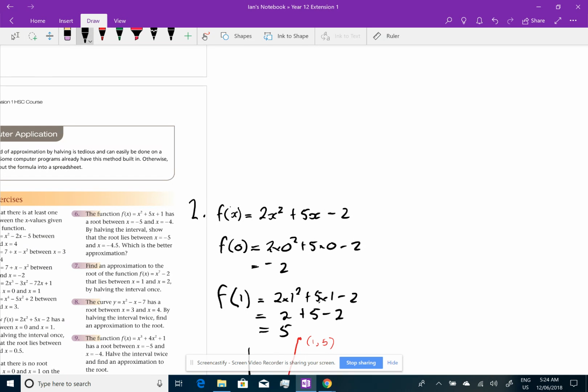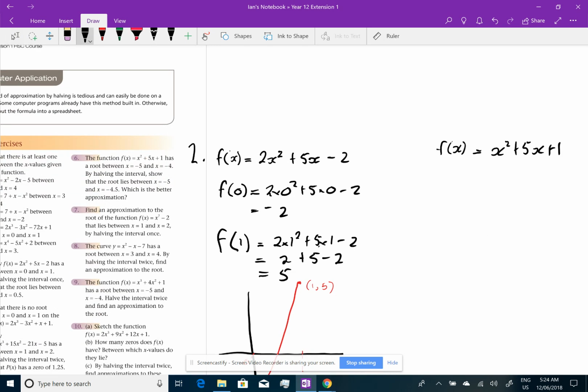They tell us that f of x equals x squared plus 5x plus 1 has a root between -4 and -5. So we don't have to show it. They say there is a root between -5 and -4.